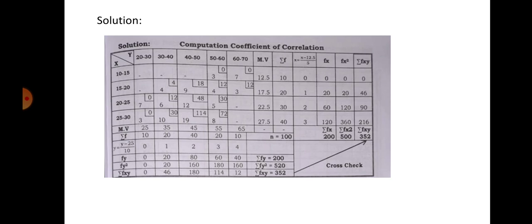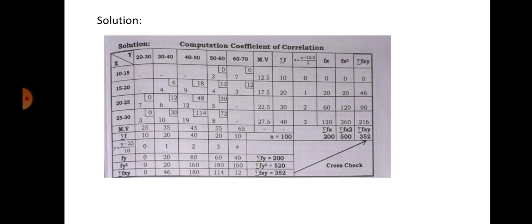Now, how to find fxy? It is better to write the first cell frequency. f is 0, x is 0, y is also 0. Multiply 0 into 0 into 0, so it is 0. Second cell frequency: 0 into 1 into 0 is 0. Third cell frequency: 0 into 2 is 0.